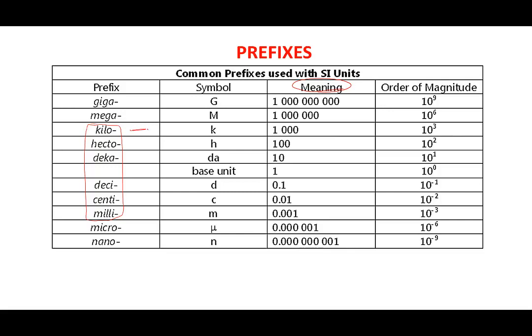For example, kilo actually means 1,000. Deca means 10. Deci means that you have 1/10 of something. Centi means that you have 1/100th of something. Milli means that you have 1/1000th of something, or 0.001.